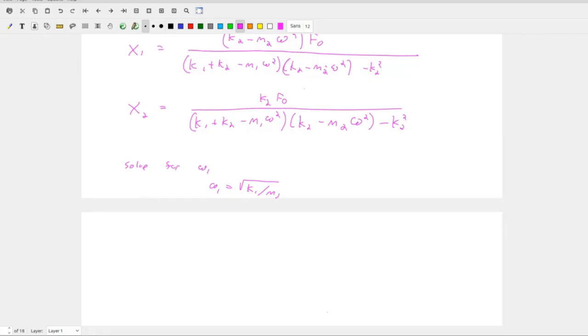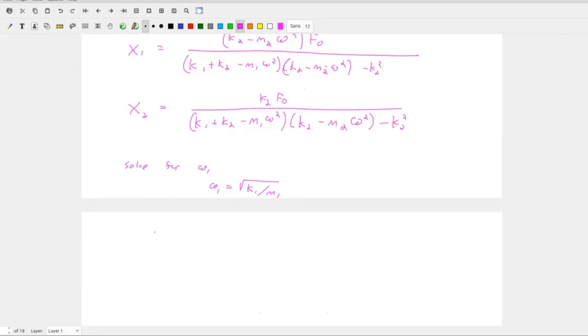But definitely not 0. But if the numerator, what if we set that to 0? 0, right? So we want to set the numerator to 0. What if we just make f0 equal 0? Does that work? Yeah, kind of trivial. Not really the point, though, right? Mathematically it works perfectly, but not exactly what we want.